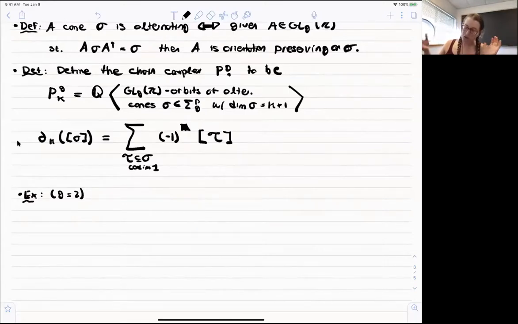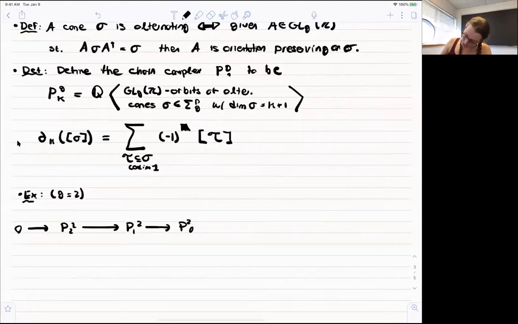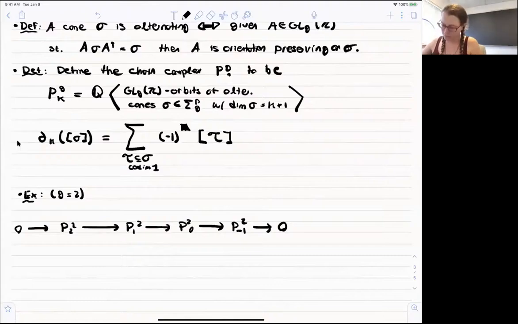So when G equals 2, we already saw that the maximal dimension cone is 3. So my chain complex is supported in degrees 2 down to degrees minus 1, because we have this weird shift where we're putting dimension k plus 1 cones in degree k. And so now I need to grab my next picture.